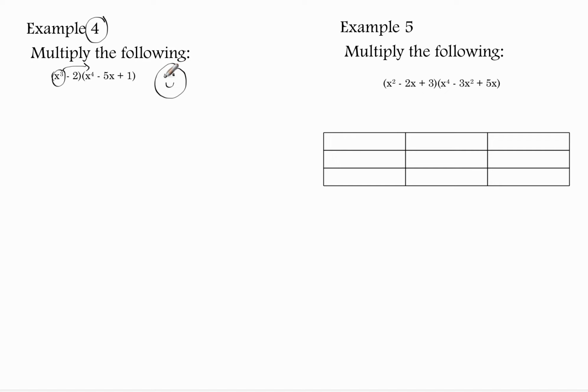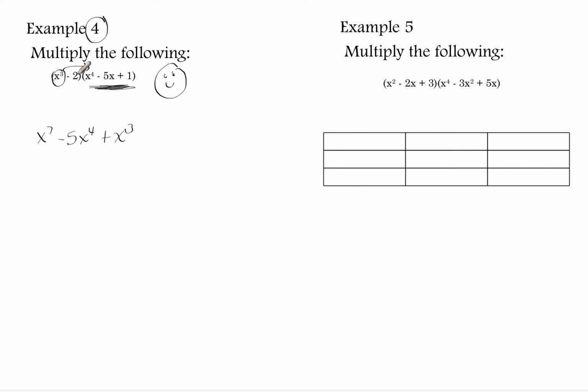I look at this second polynomial, and I know each one of these terms is going to get multiplied by x cubed. So quickly I can say x to the fourth is going to be x to the seventh. Negative 5x is going to be negative 5x to the fourth. And 1 is x cubed. See, I'm just increasing each term by an x cubed.